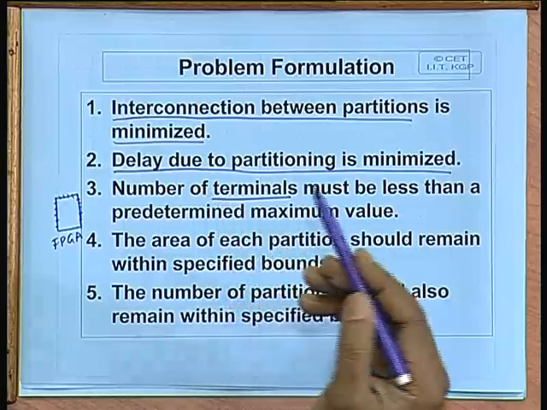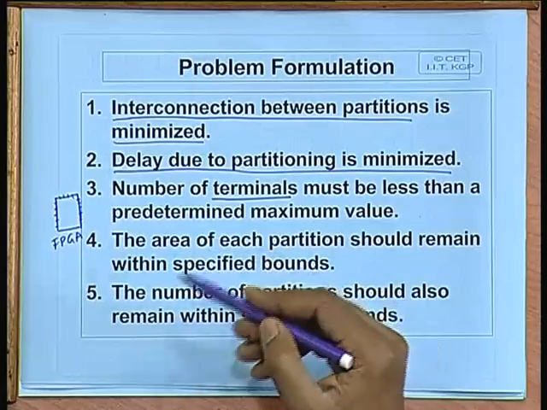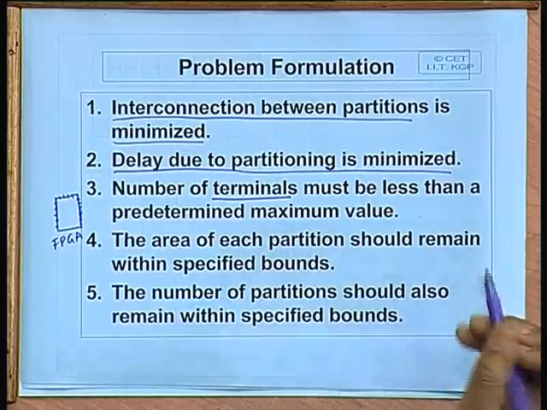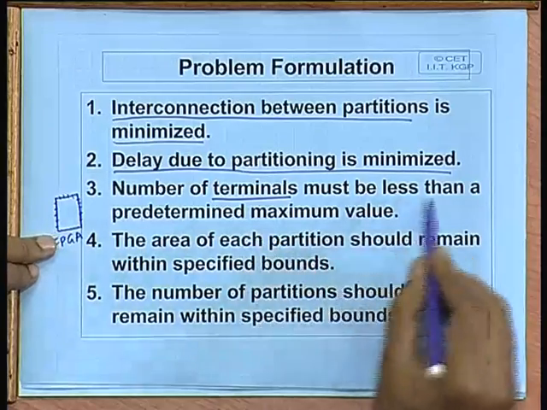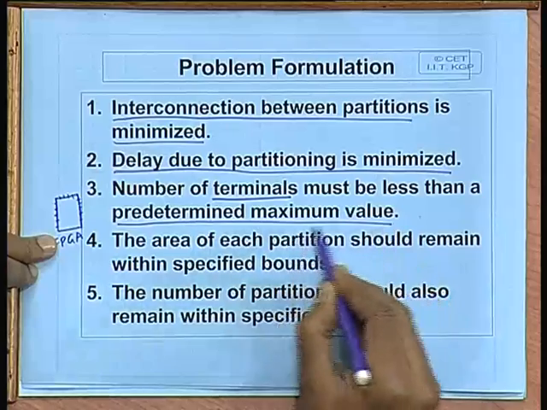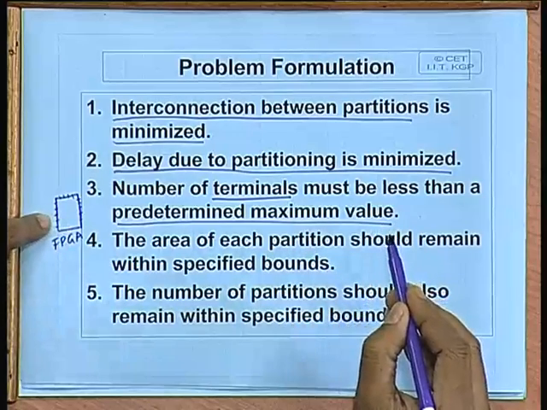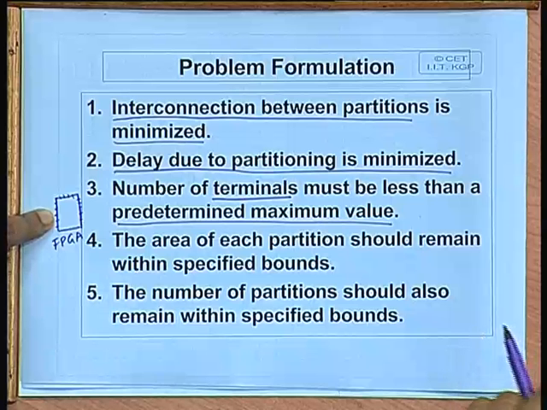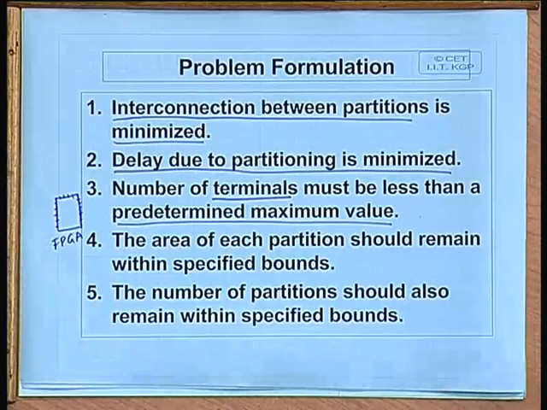If an FPGA chip has 100 pins, you cannot have a partition with 200 pins and say that you will map it into that chip. So the number of terminals must be less than that predetermined maximum value, and this maximum value will depend on your target. If it is FPGA, you have a hard limit restriction. If it is an ASIC design, it is more flexible.